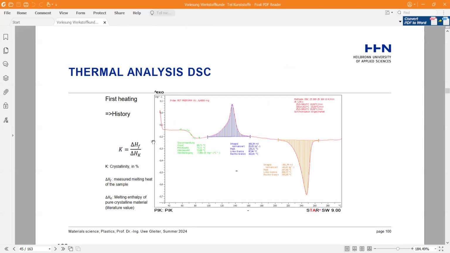And here we have a formula which we have reviewed before. So the crystallinity percentage is the delta of measured melting heat of the sample divided by the delta melting enthalpy of the crystalline material, which we can get from the table.